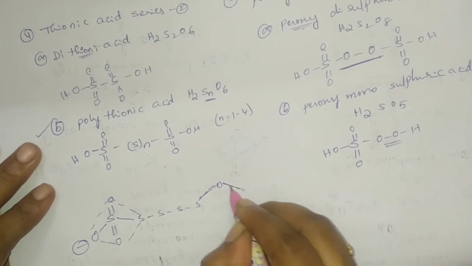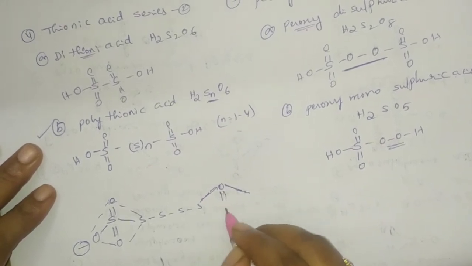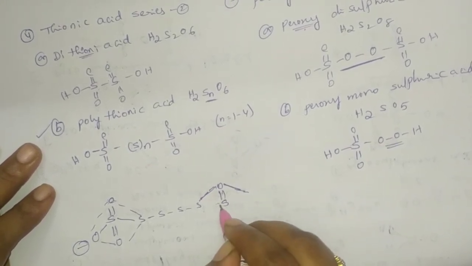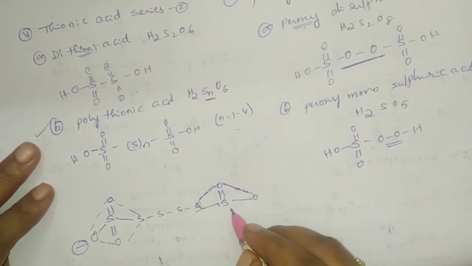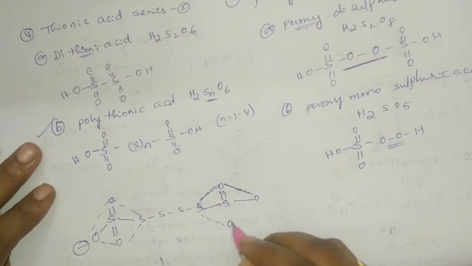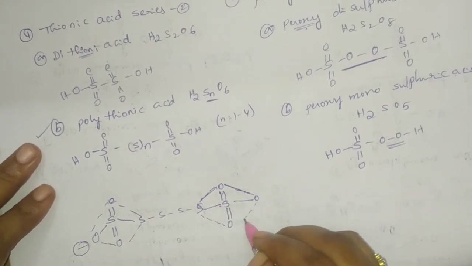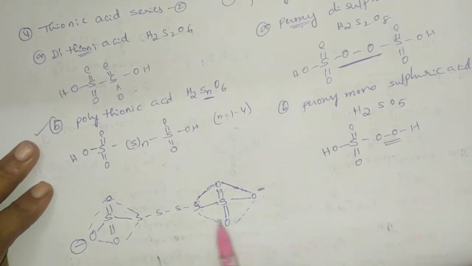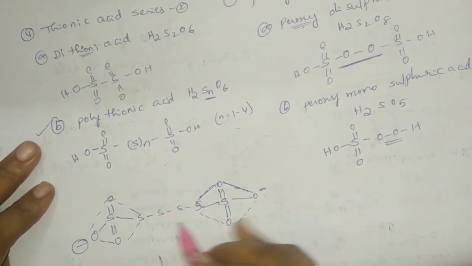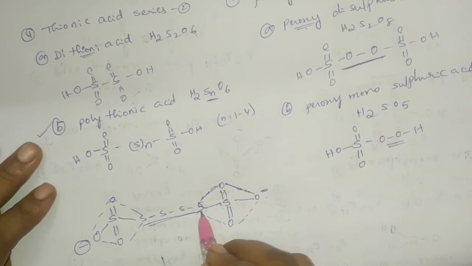Sorry. Imaginary lines. Double bond S, O, O. Double bond O. Okay, this one oxygen will lose 1 hydrogen. So like this, these structures have Sn, n times.